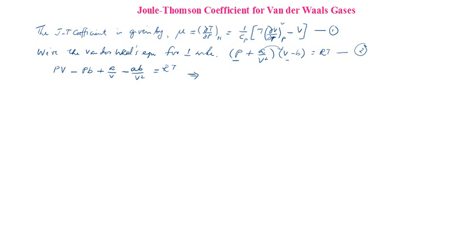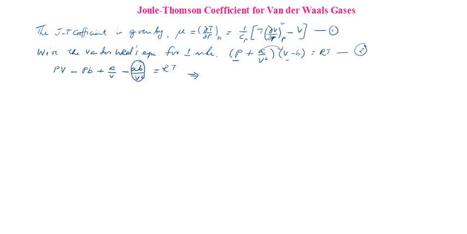Since A and B are very small compared to V square, where V is the volume of the sample, we can neglect this AB by V square term compared to the magnitude of the other terms, because the numerator is very small compared to the denominator. So there is a sort of approximation that we do for the ease of our derivation, and that's of course justified. It will be within the permitted errors of our derivation.